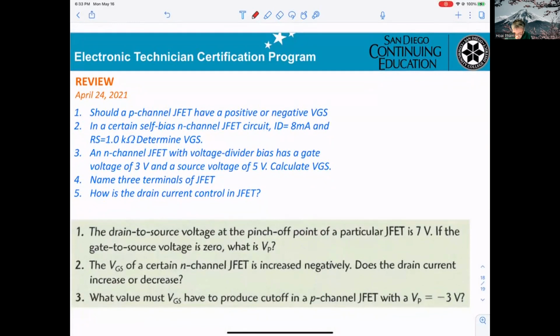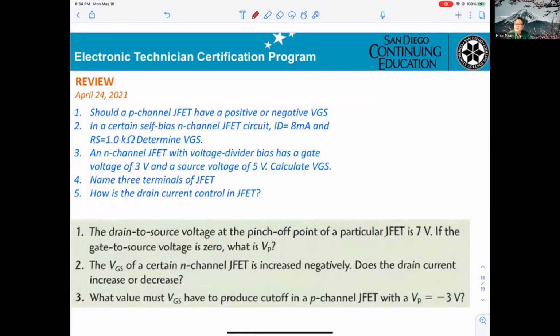Oh, this is the review. Should a P channel JFET have a positive or negative VGS? Now you can answer right away, right?